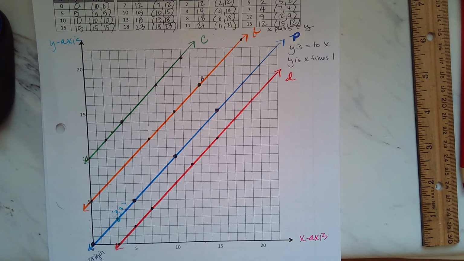So the rules in line C and B, what do they have in common? Well, we discussed that earlier. They're both addition rules. They both require us to add to the x coordinate, but line C is adding more to the x coordinate than B. So what about line D? What operation is used in the rule for line D?